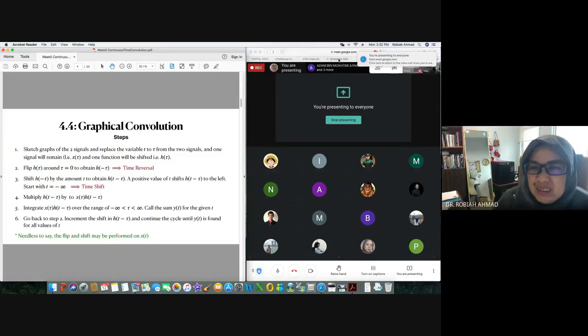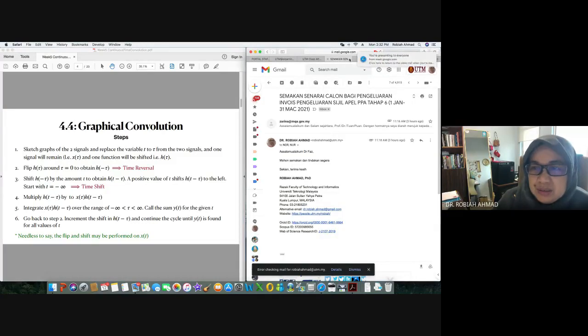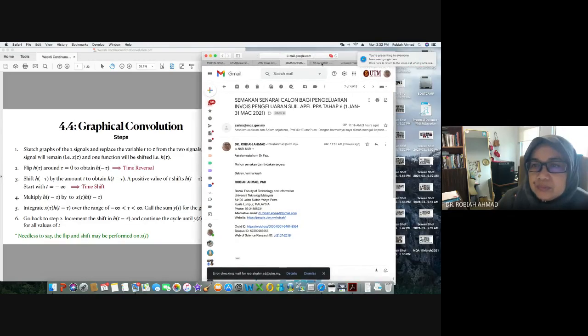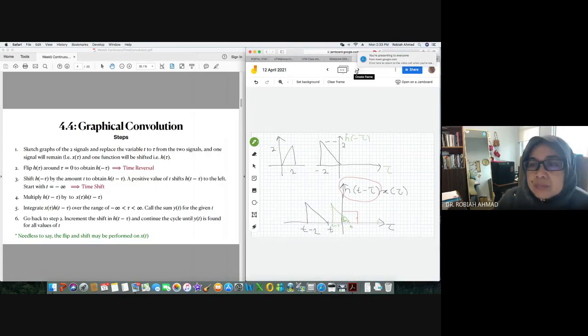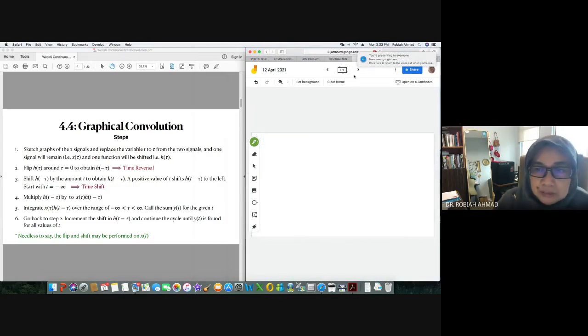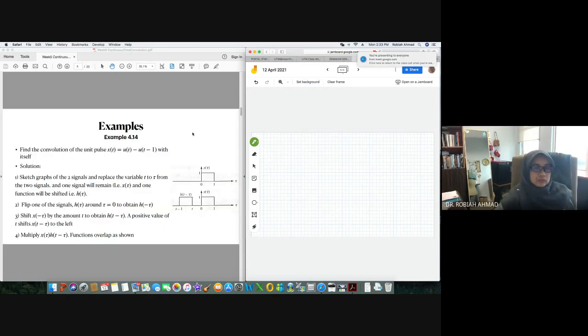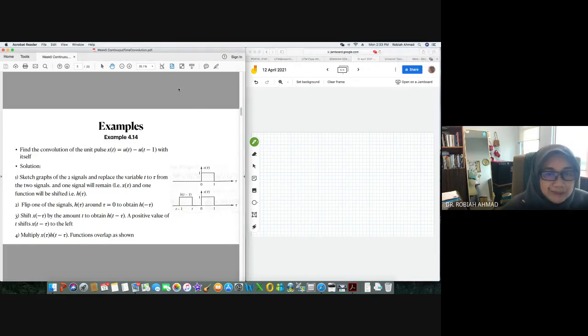Okay, jadi tadi kita pergi pada contoh. To start with, I choose very simple two identical signals lah. So find the convolution of the unit pulse.